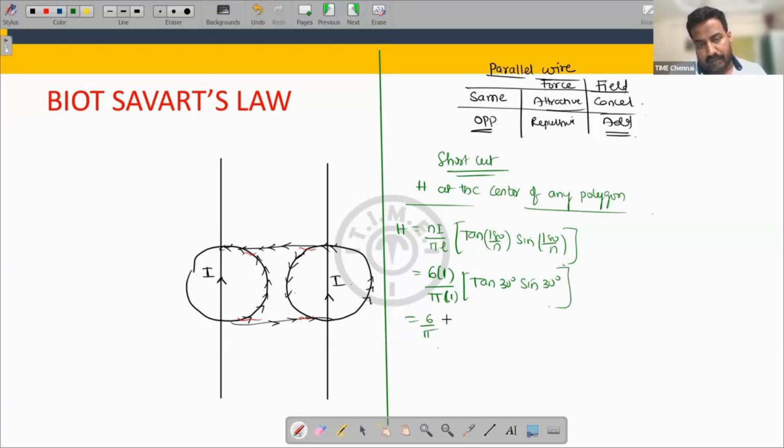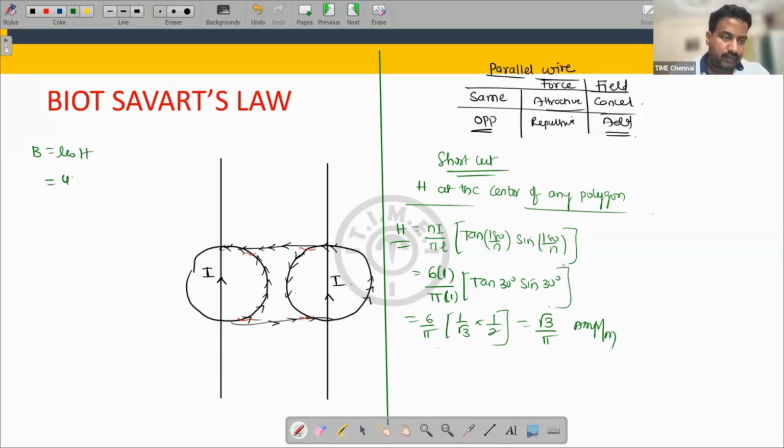That's 6 by pi, 1 by root 3 into 1 by 2. This is root 3 by pi ampere per meter. That's the H value. B is mu naught H. This is the total H value at the center. 4 times 10 power minus 7 by root 3 pi.